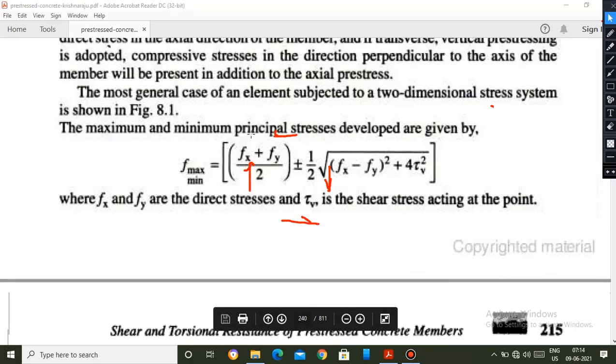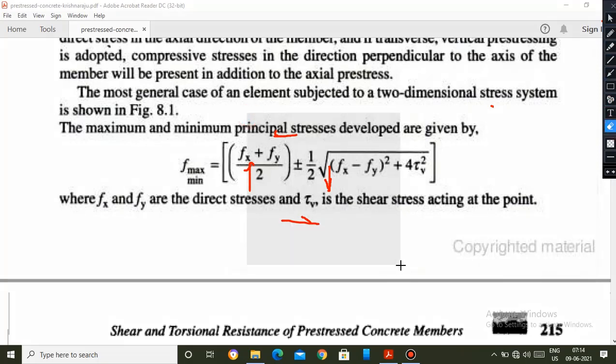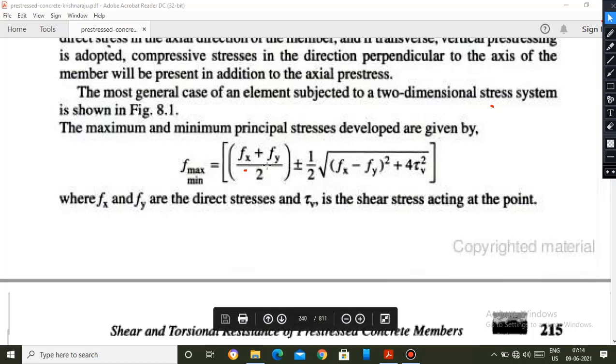The principal stresses are given by: Fmax or Fmin equals (Fx plus Fy) divided by 2, plus or minus 1 by 2 into the square root of (Fx minus Fy) whole square plus 4 tau v square. This is the formula to calculate the maximum or minimum principal stresses developed in a given plane of the section.